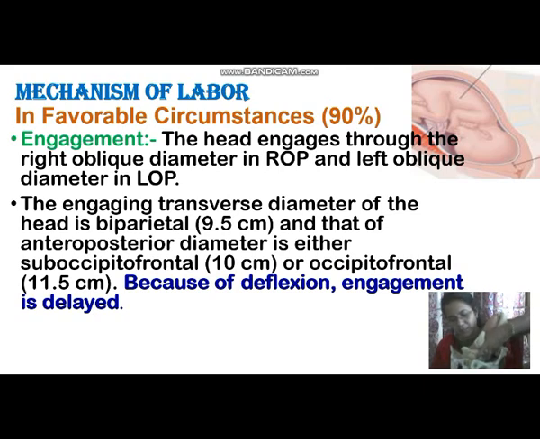Okay, 9.5 centimeter. The antero-posterior diameter is either suboccipital frontal 10 cm or occipital frontal 11.5 cm. So the engaging diameter of the head is biparietal 9.5 cm, and that of the antero-posterior diameter is either this or that.